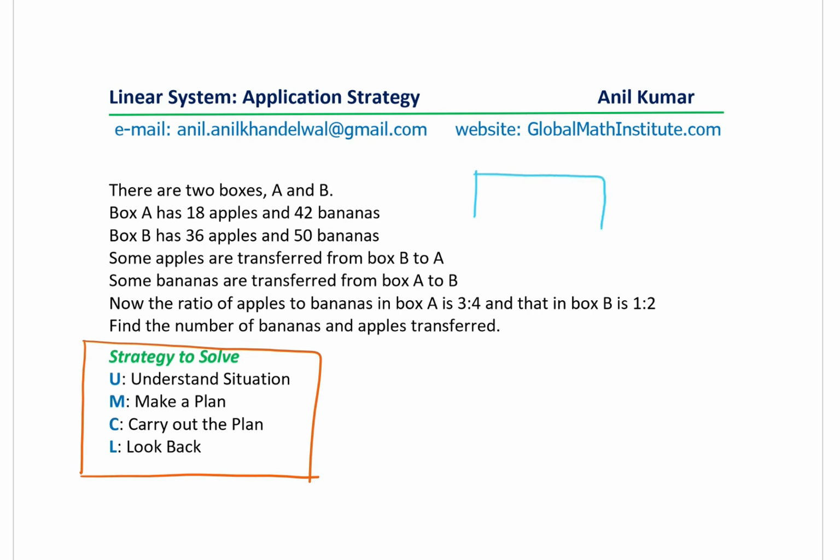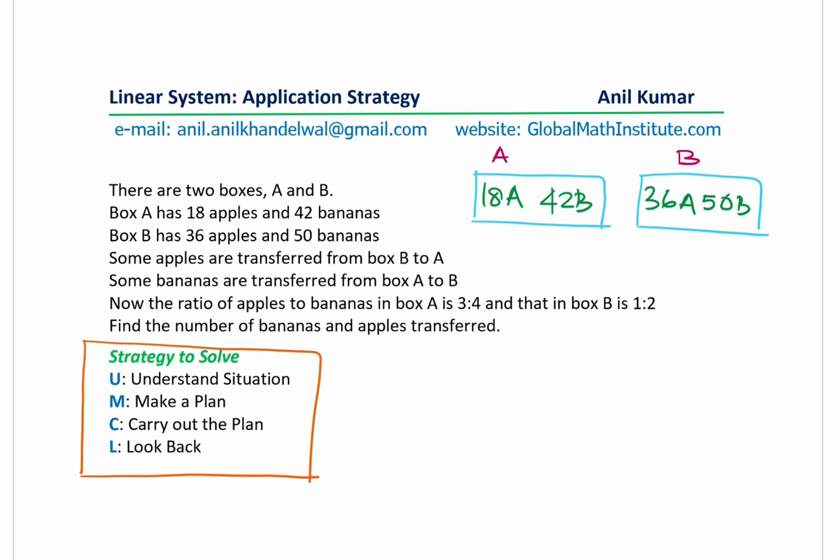This is our box number one, which we are calling A, and then we have a box B. Box A has 18 apples and 42 bananas, so let's write down 18 apples and 42 bananas. Box B has 36 apples and 50 bananas.